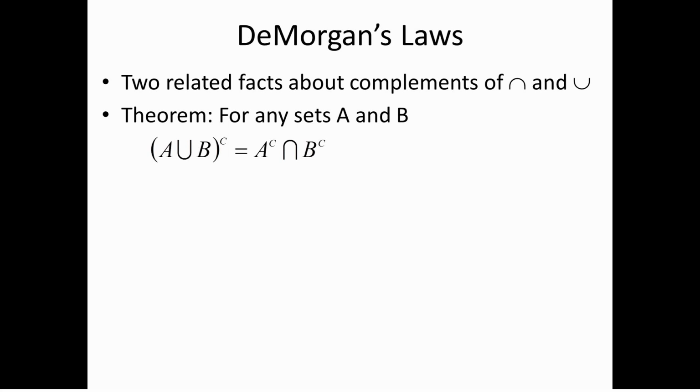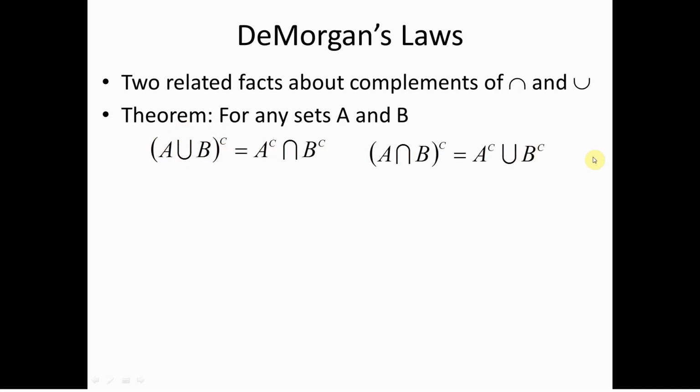And there's a second statement that says if I take the complement of an intersection of 2 sets, it's the union of their complements. Notice what happens in both cases. The complement, in a sense, distributes, turns a union to an intersection, or an intersection to a union, and takes the sets to their complements.